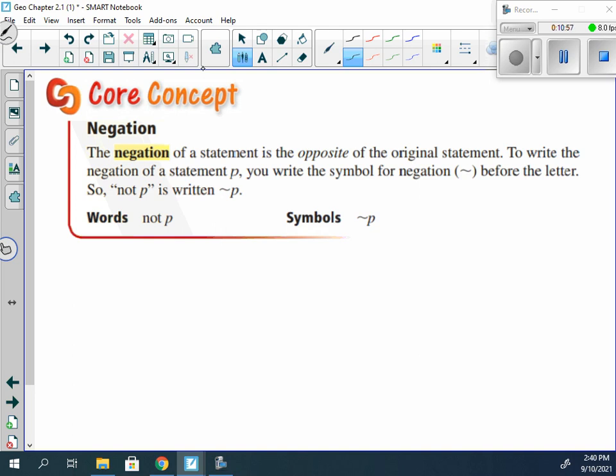To write the negation of a statement, you write the negation symbol before the letter, so not P. It's a tilde, I think. When we talk about the negation, we're talking about the opposite of the statement.